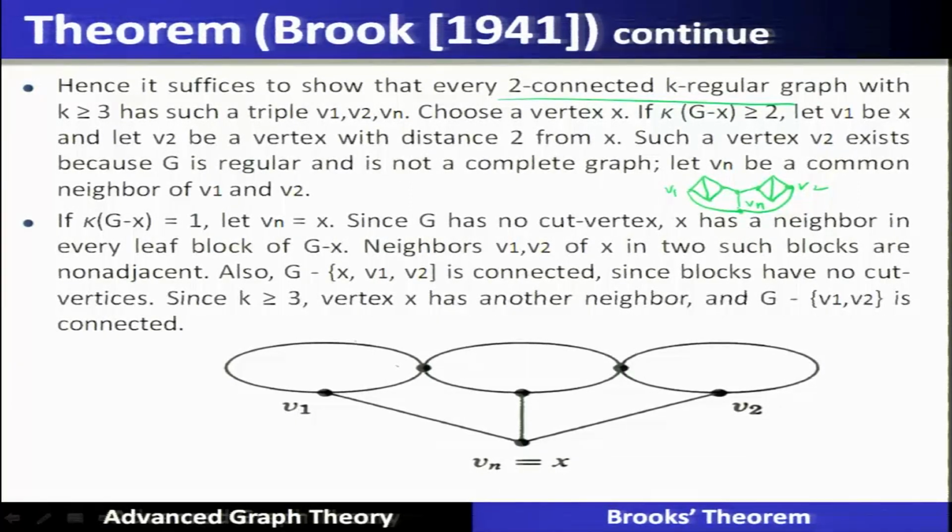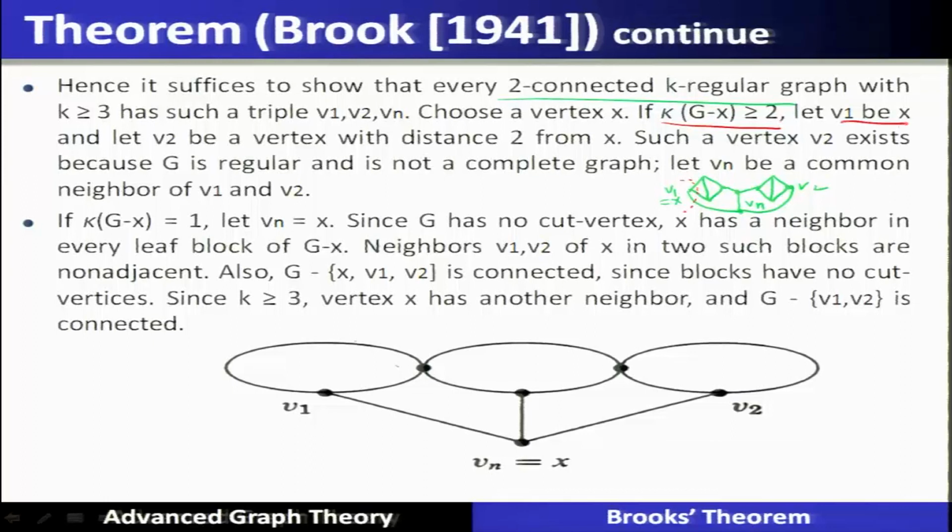Now, choose a particular vertex x. So, here let us say that this is x. Now, if we remove x, the remaining part of the graph has connectivity kappa of G without x of 2.